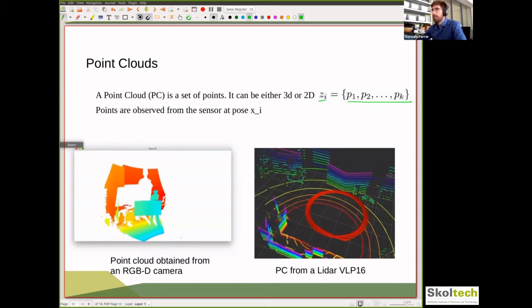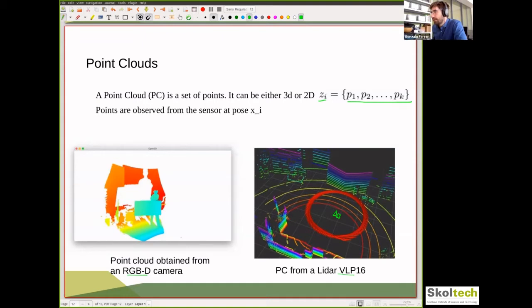Now, the peculiarity of this, at least for us, is that these point clouds, for instance this one taken from an RGBD camera or this one taken from a LiDAR, are taken from an origin, right?